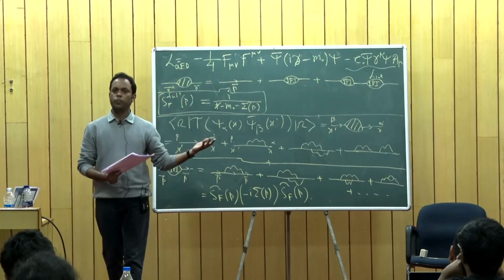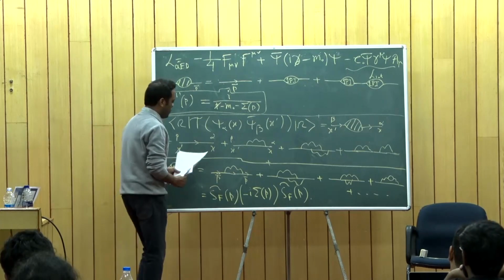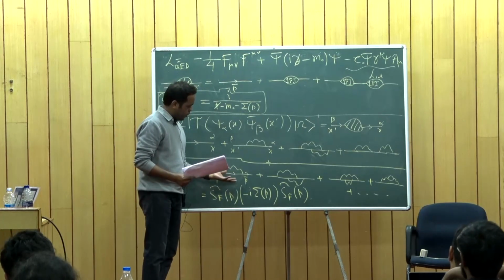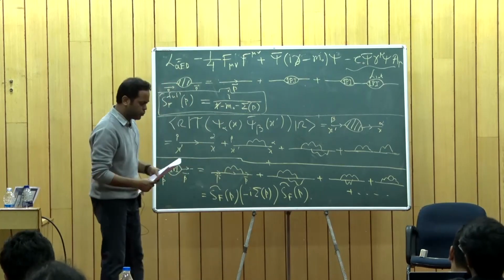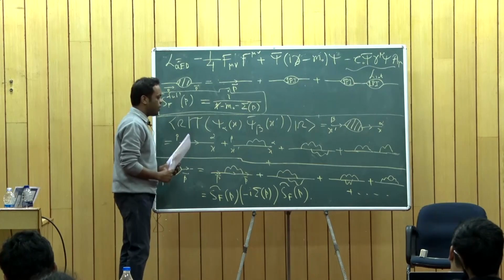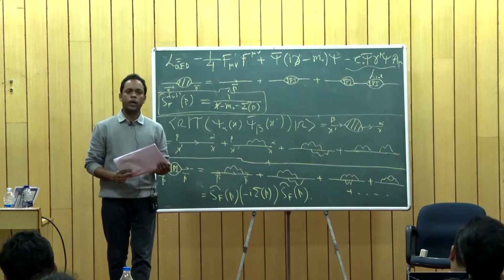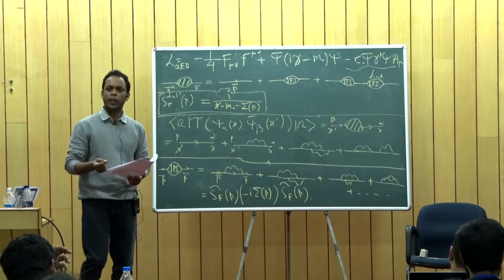It's a simple 2-point correlation function, and one needs to see how this quantity diverges at large momentum, which is called ultraviolet divergence, how to regulate them, and how to either cancel them or absorb them in the redefinition of the field and parameters.